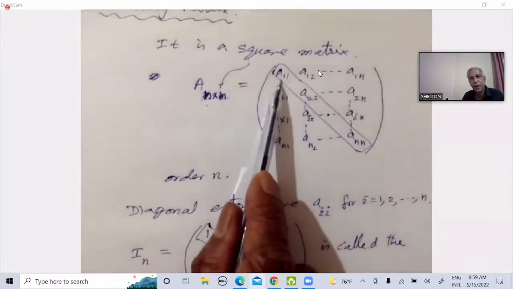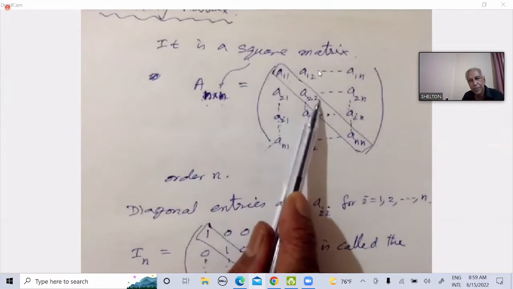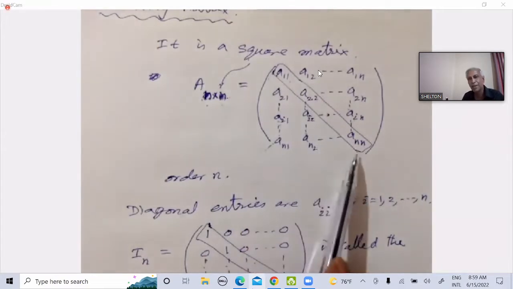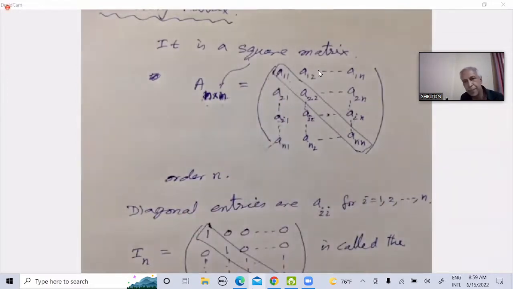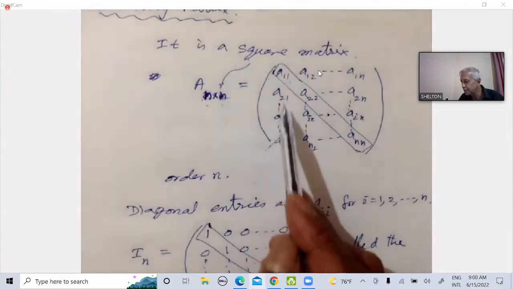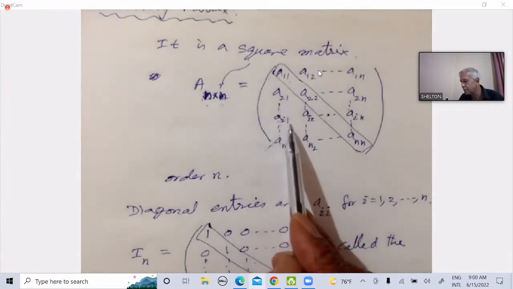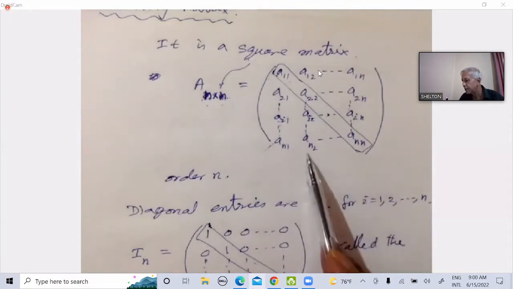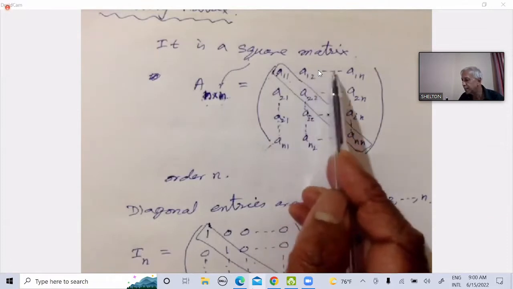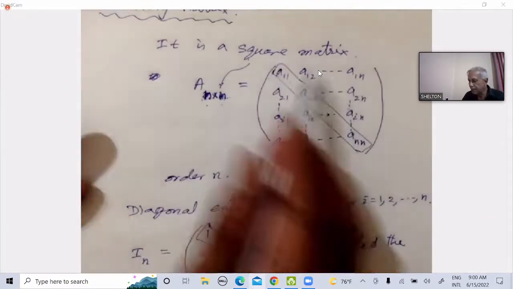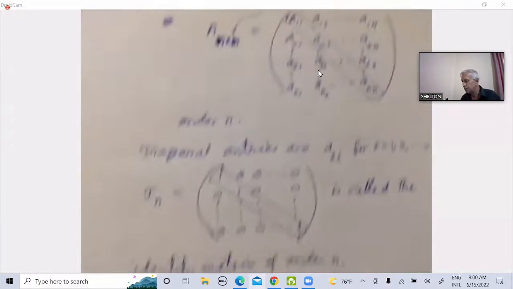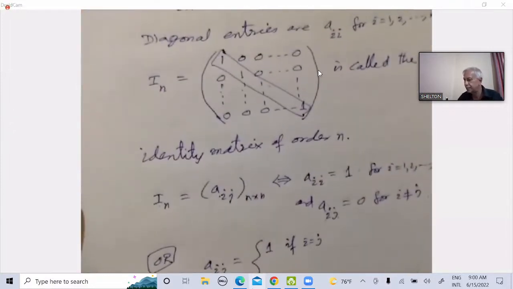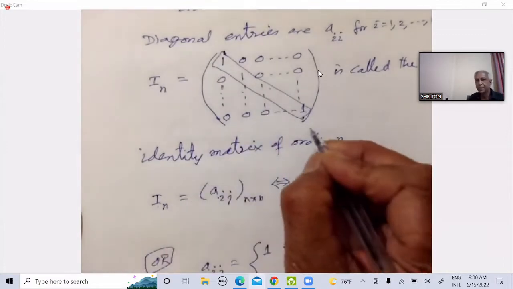Let us think of I_n to be the identity matrix of order n. This is the shorthand notation for this matrix. It's a special type of square matrix where all the diagonal entries are equal to 1. What is the form of the diagonal entries? Being on the diagonal means i and j are equal. A11, A22, A33, and the last one A_nn: i and j are equal. So diagonal entries can be identified by i equals j. For all the other entries, i and j are not equal in the A_ij notation.